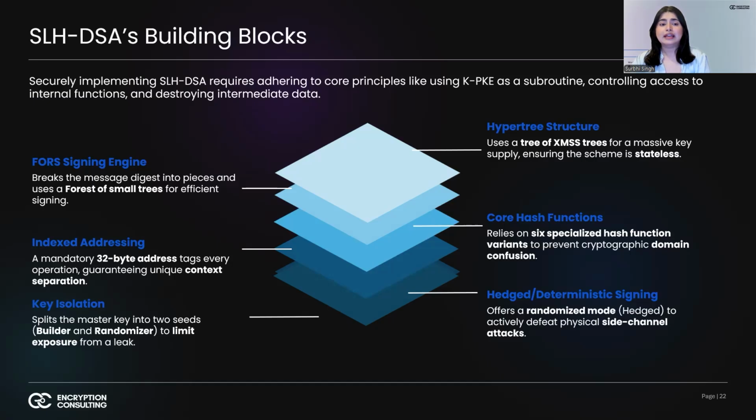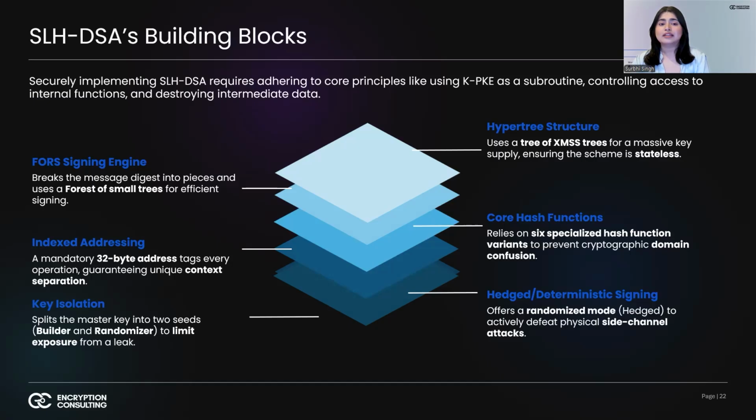By forcing the ADRS to be a part of the hash input, the system ensures that no two hash calls will ever have the exact same input across the entire scheme. This cryptographic binding of data to its location prevents multi-target attacks where an attacker attempts to use a valid hash from one point of the algorithm to forge a signature in another part.